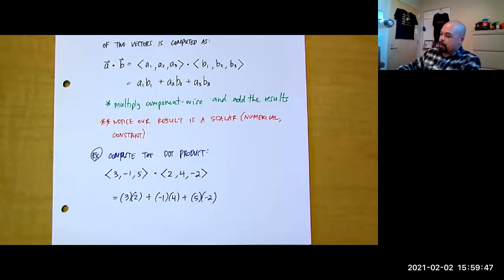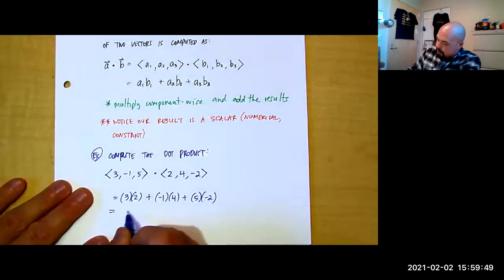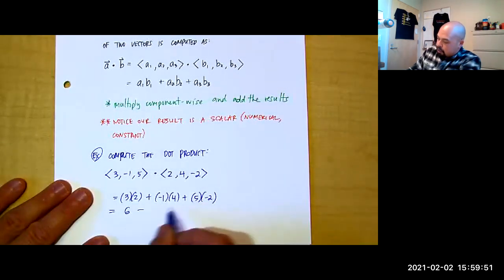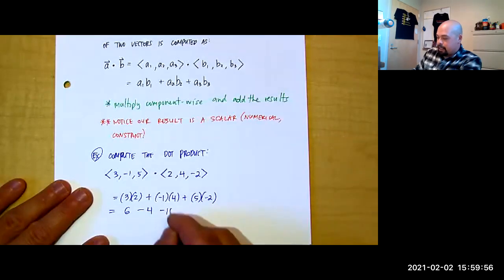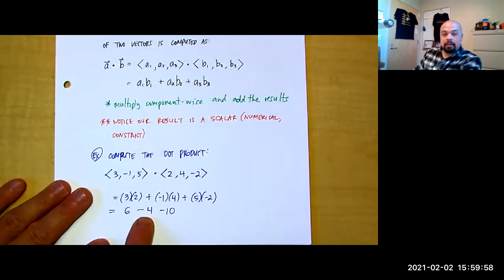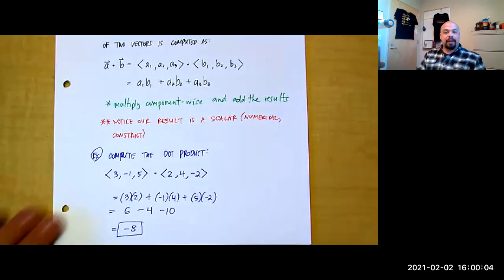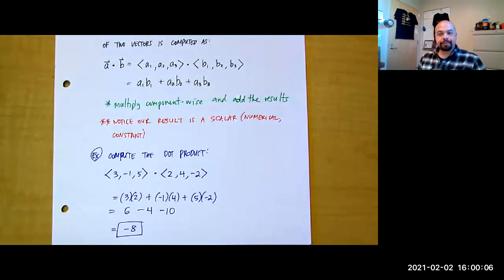Multiplying, 3 times 2 is 6. -1 times 4 is -4. 5 times -2 is -10. 6 minus 4 is 2. 2 minus 10 is -8. Let me double check my arithmetic there.